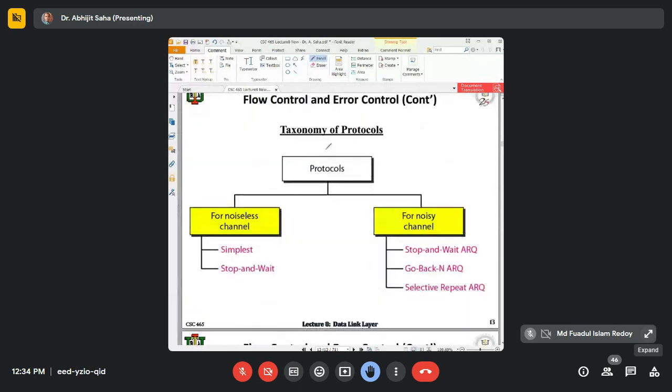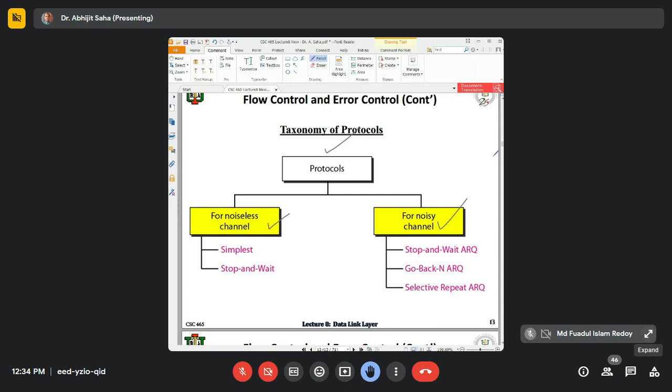So here in the taxonomy of the protocols, we consider the noiseless channel and the noisy channel. Noiseless channel means there is no congestion; the road is free. When the road is free, you can reach from one node to another without facing any problem. In that case, we use two protocols: the simplest protocol and the stop and wait protocol.